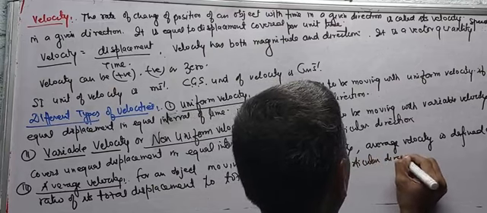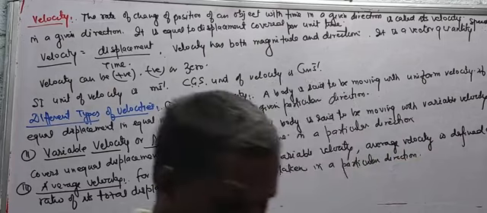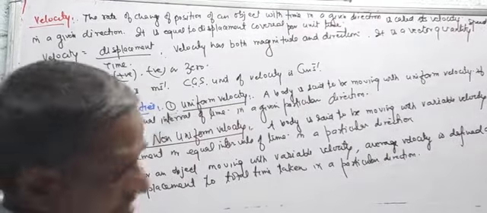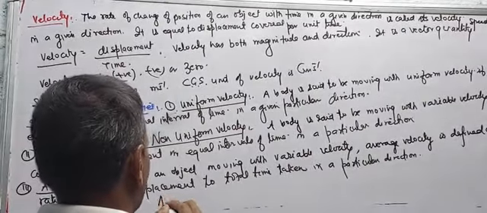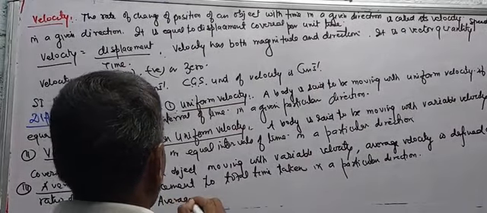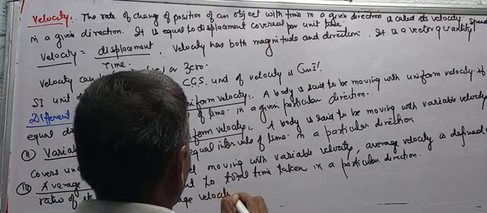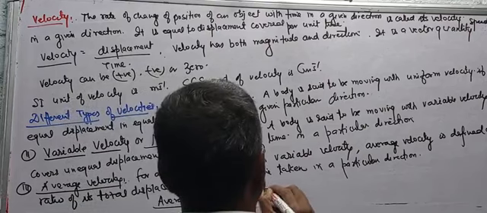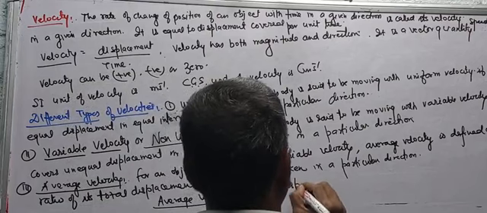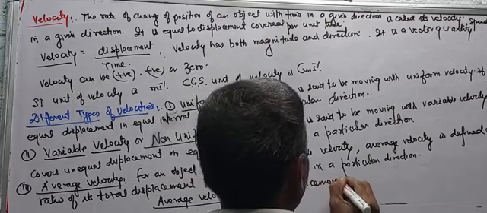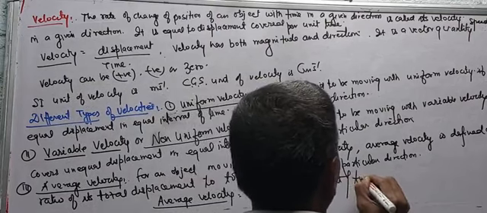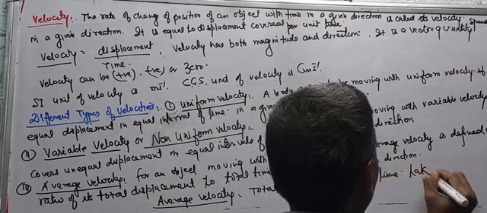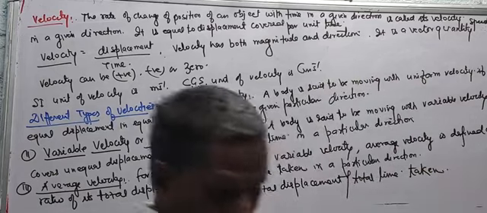Average velocity equals total displacement upon total time taken.